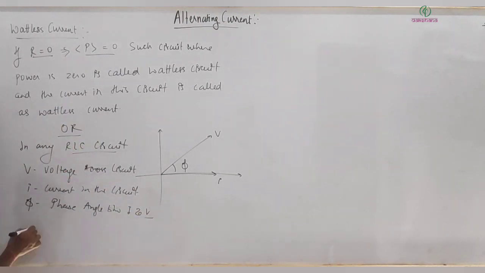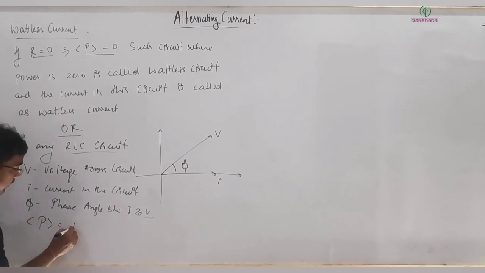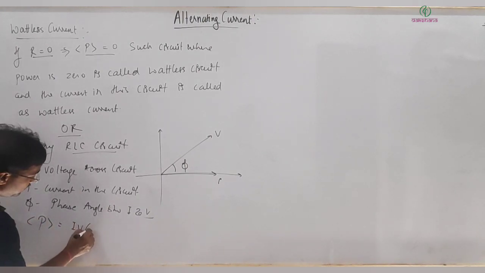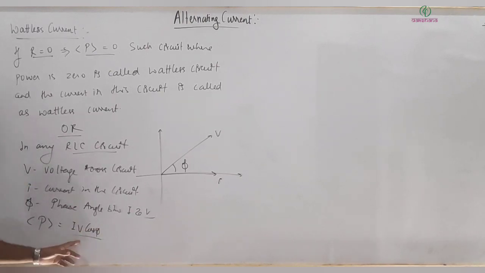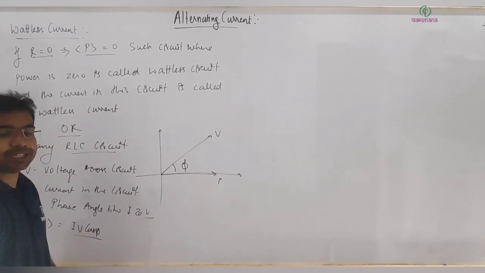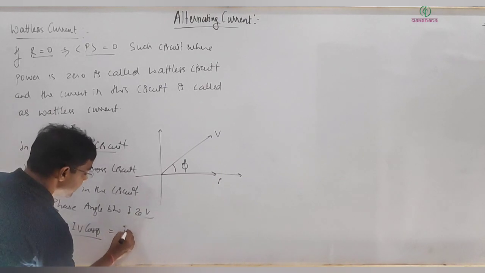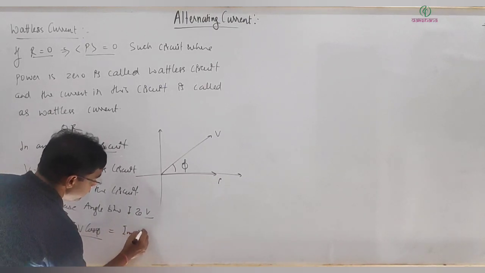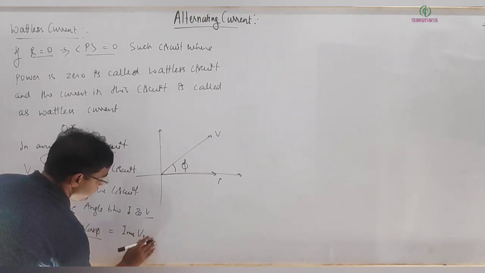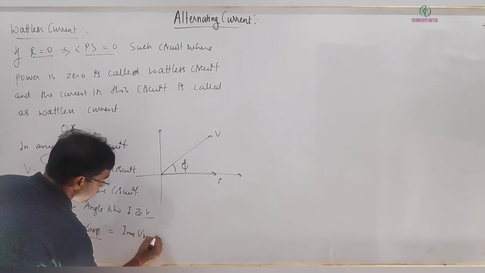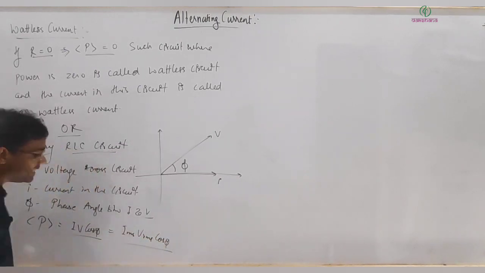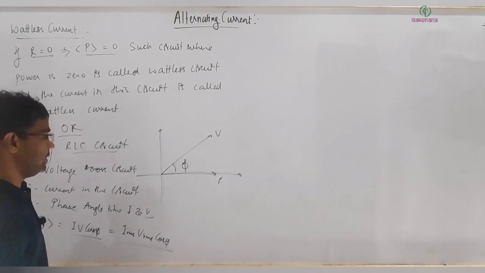Now what will be the power across this circuit? I can write that the average power in the circuit is given by I into V into cos of phi. I am assuming these are my RMS values, so you can write it as I RMS into V RMS multiplied by cos of phi. I can understand it in a different way.